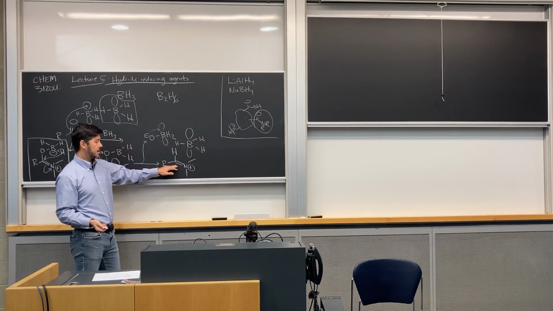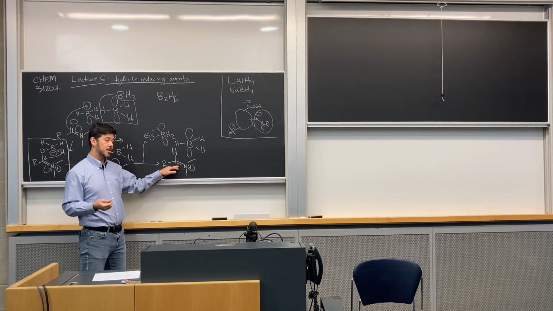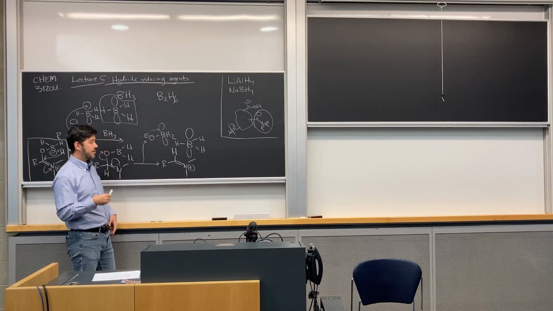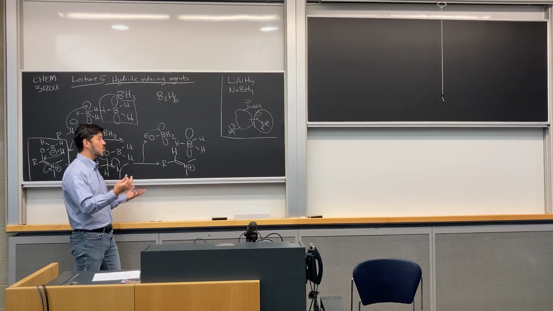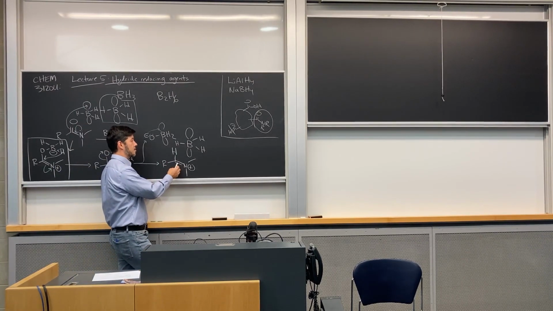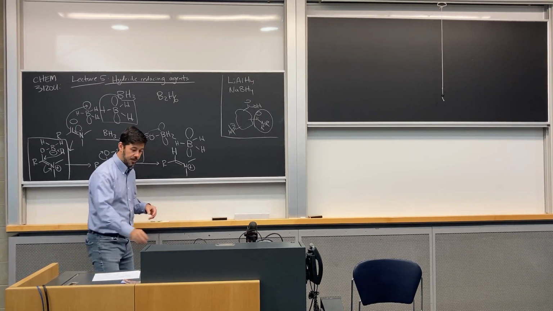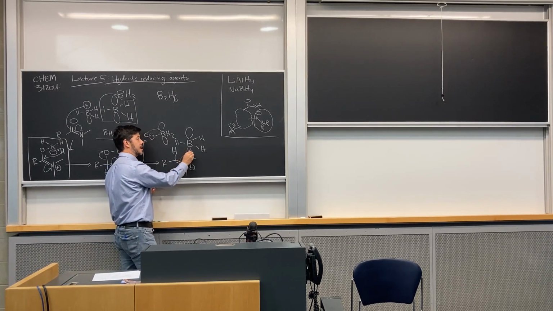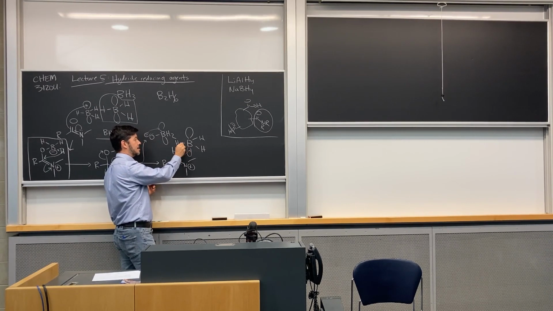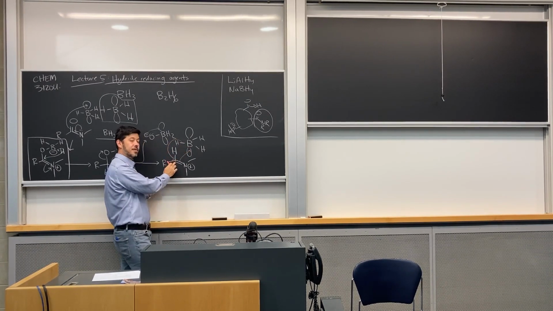So this iminium ion is very electrophilic, and the electrons are very willing to donate to something nearby. In fact, what will happen is we will get electrons here adding to this empty p orbital, and simultaneously you'll get hydride attack occurring at this electrophilic carbon.